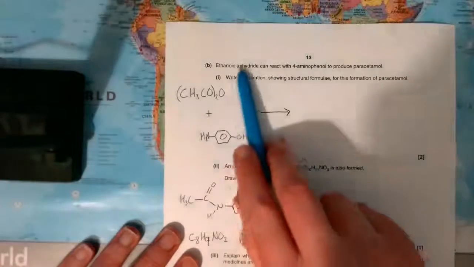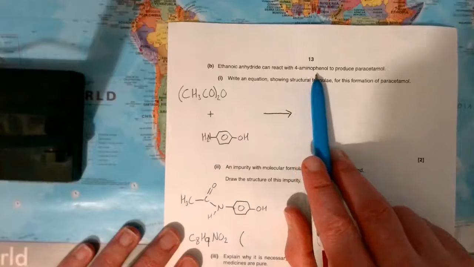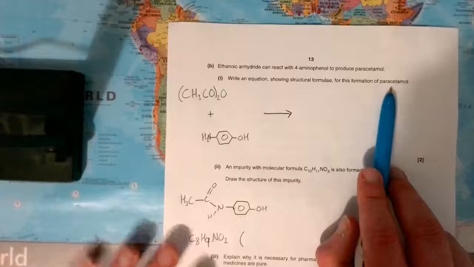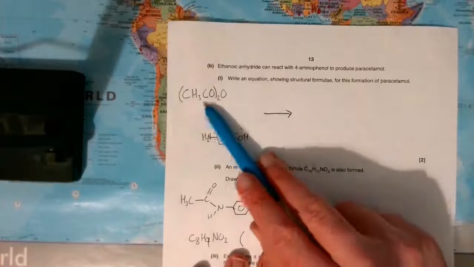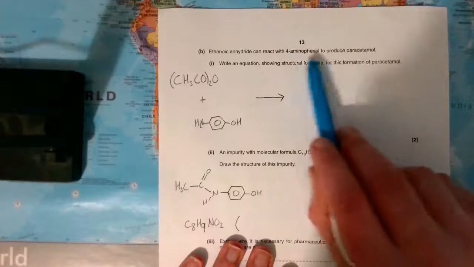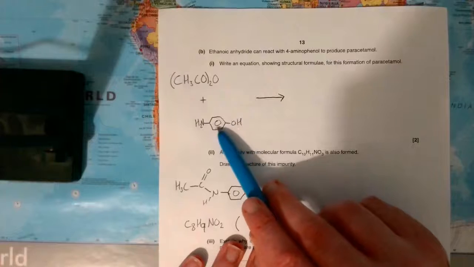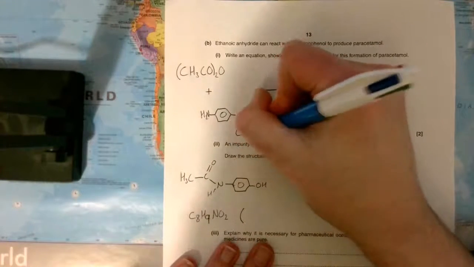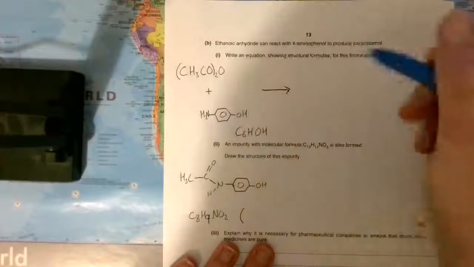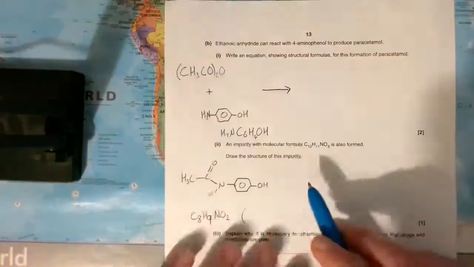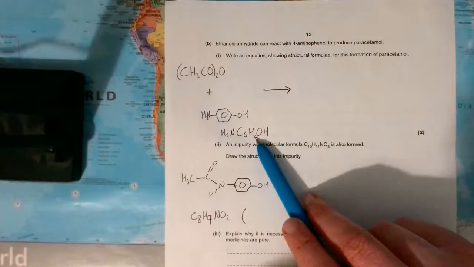Over the page, ethanoic anhydride can react with 4-aminophenol to produce paracetamol. Write an equation showing structural formula for this formation of paracetamol. Again, don't panic, you can take the structural formula from ethanoic anhydride that was given over the page, and phenol, which you all know is C6H5OH, and then the 4-amino is H2N, and then that turns it into a 4 because you've removed one hydrogen.